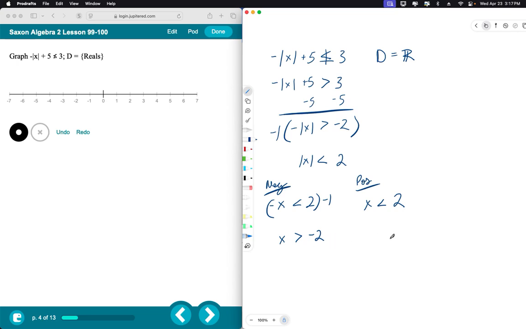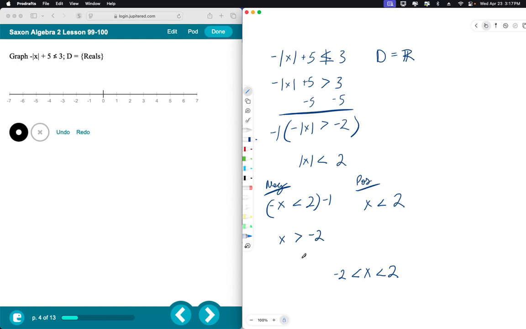So let's see if we can do a conjunction with this. Yes, we can, because we have x is less than 2 and x is greater than negative 2. Usually, if you have opposite signs like this, where x is less than, x is greater than, you can create a conjunction. So negative 2 is less than x, which is less than 2. x is still greater than negative 2, which is what we have here.